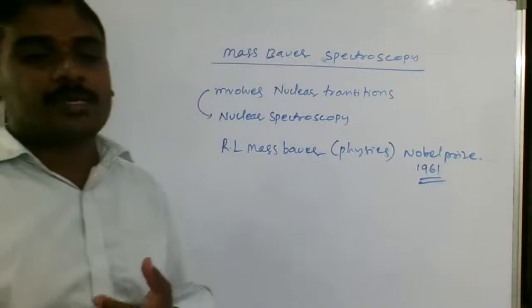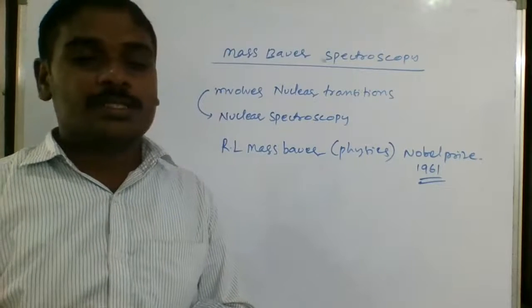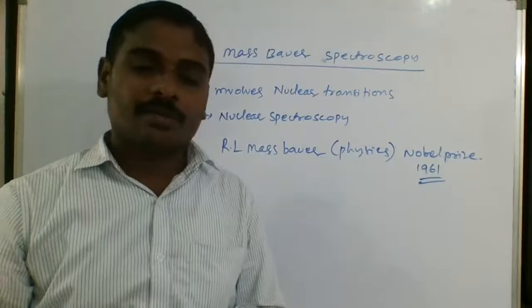So Mossbauer spectroscopy mainly involves resonance emission and reabsorption of gamma radiation.